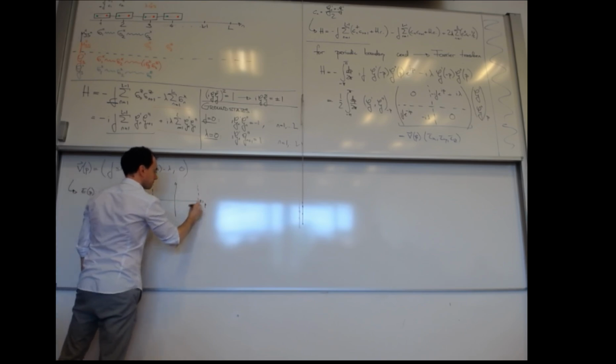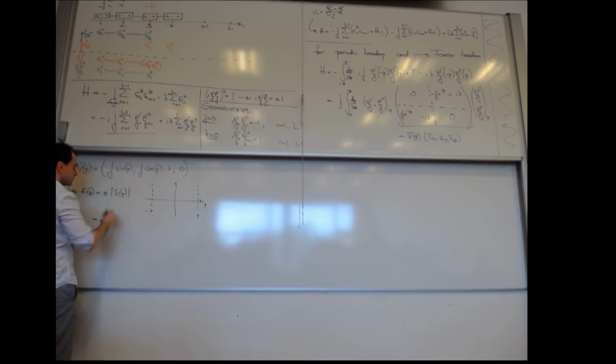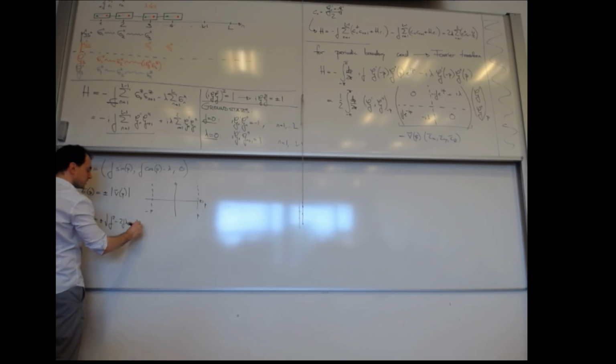You see, when P is 0, maybe I should say that I can calculate plus minus, I take the square of this plus the square of this, so I get j squared from this plus this minus 2j lambda cos p plus lambda squared.